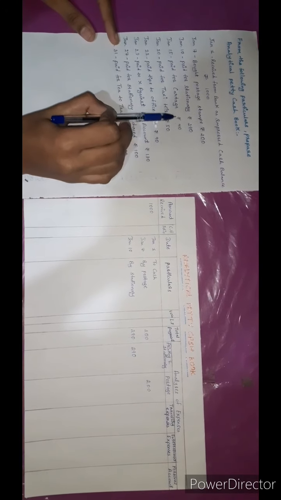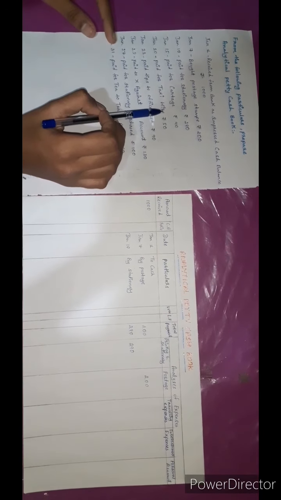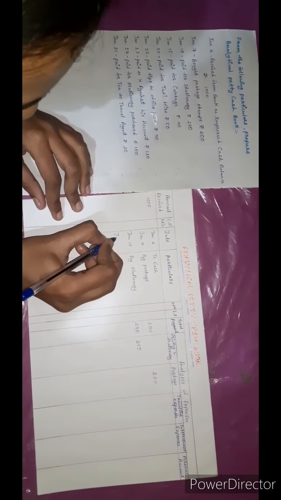And the next one is paid for cartage. Date is Jan 15th, paid for cartage rupees 40. Cartage is nothing but it is a type of transportation. So Jan 15th by cartage and the amount is 40 rupees. So we have to write it in our traveling expenses.